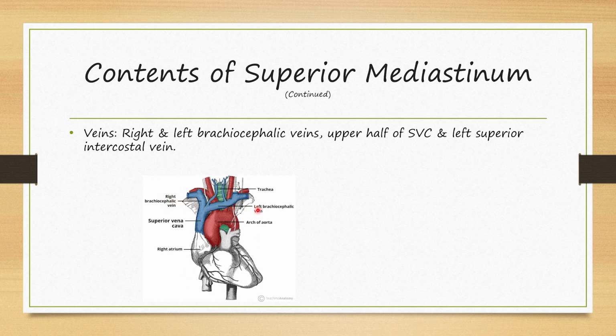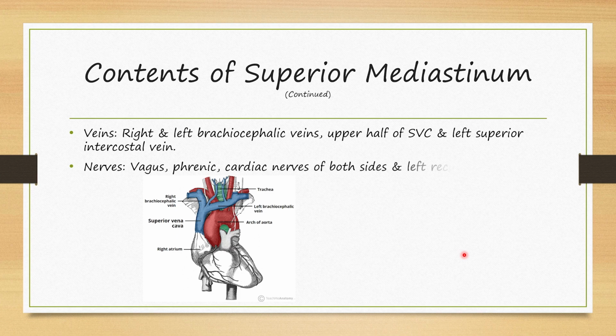There is the right, and here is the left, and this is the superior vena cava. The upper half of it is in the superior mediastinum, and the left superior intercostal vein.